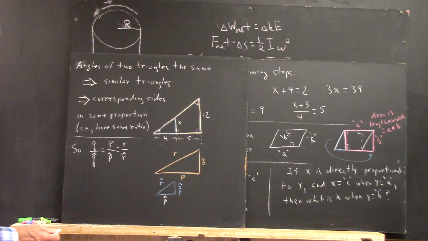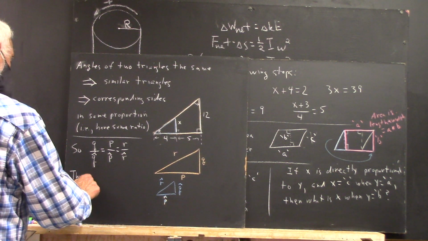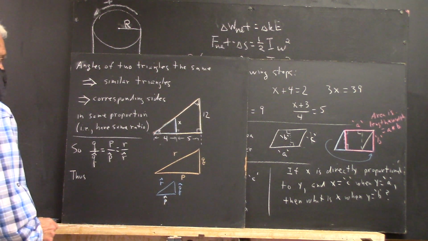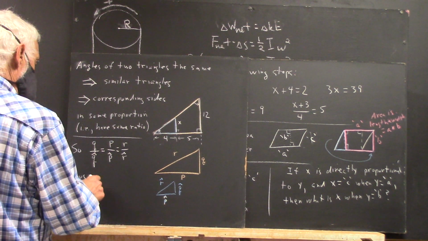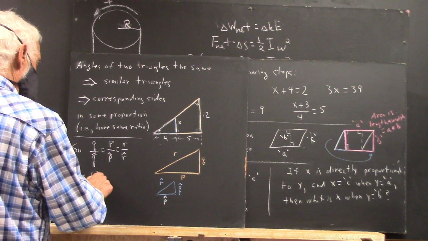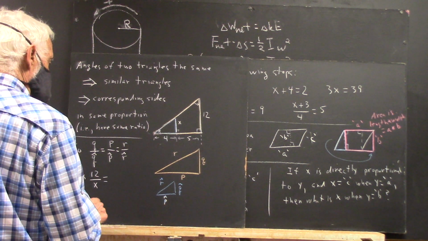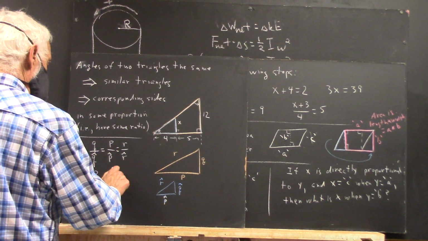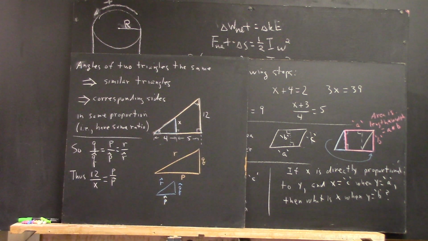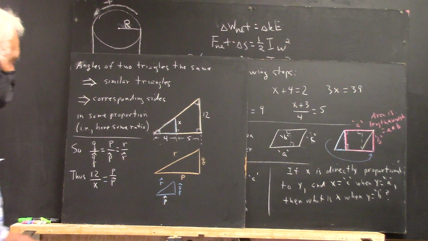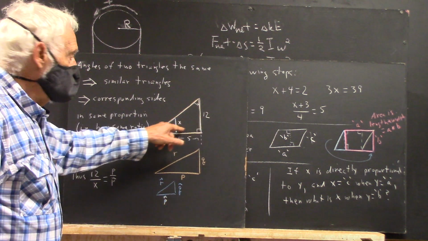So what do we want? We could say that 12 over x has to equal P over P hat. Because, of course, your Q and your Q hat are 12 and x, right?